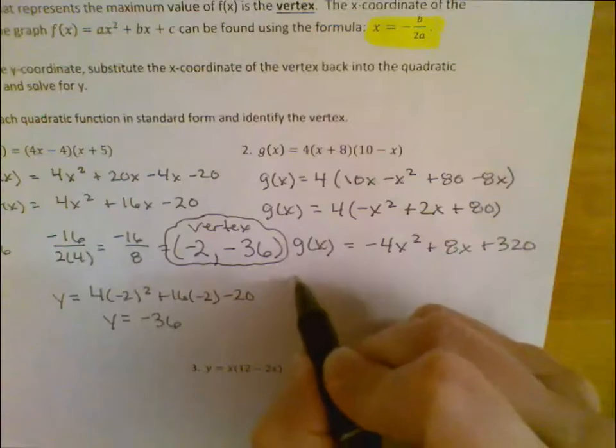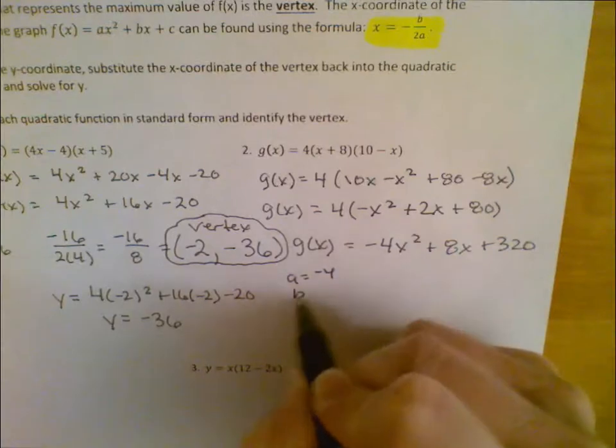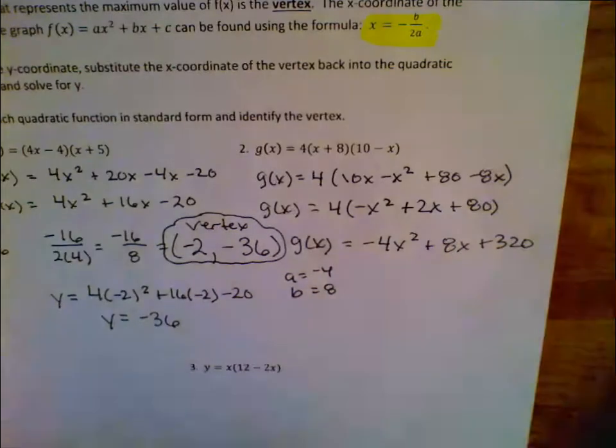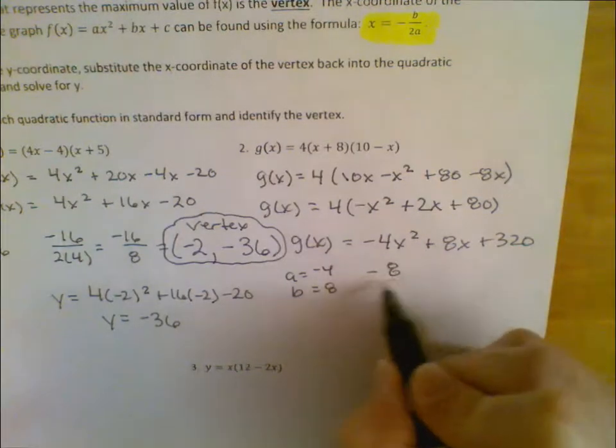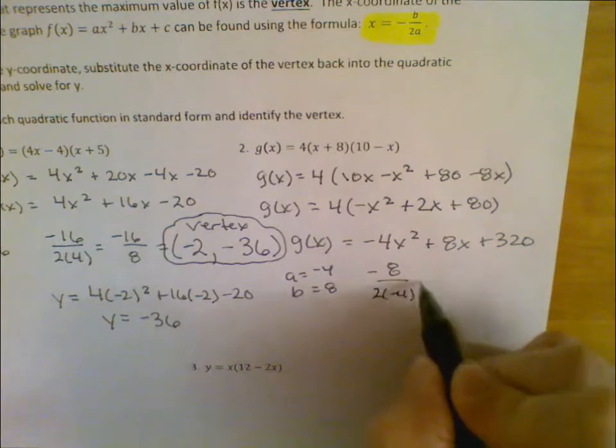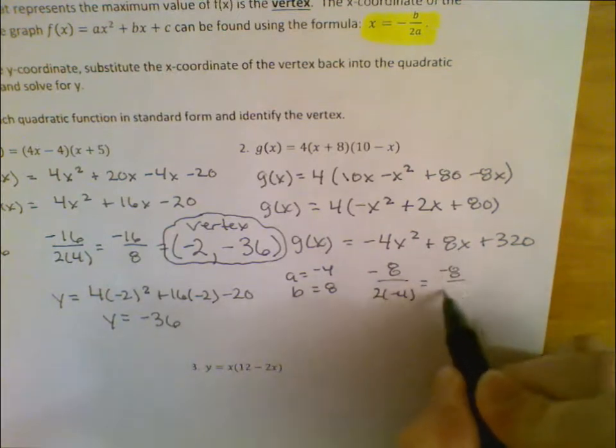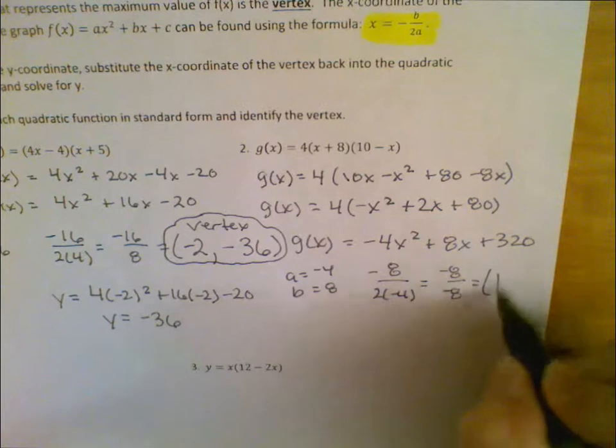So my a is negative 4, and my b is 8. So the opposite of b over 2 times a, it's just negative 8 over negative 8, which equals 1.